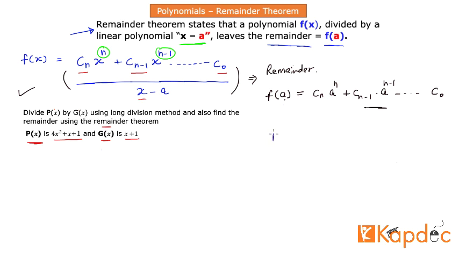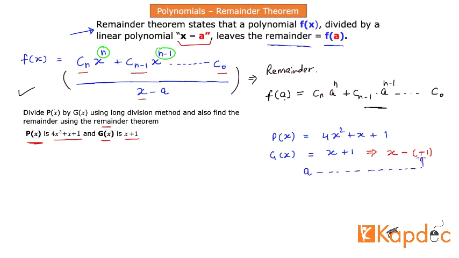Okay, in this case, what is my dividend, the polynomial? It is p of x, and that is 4x squared plus x plus 1, right? And what is your divisor? The divisor is g of x, and that is equal to x plus 1. The very first thing we need to do is to convert this x plus 1, which is the divisor, into the form of x minus a. Okay, and the way you can convert that is you can simply rewrite the whole thing as x minus, and then you put a negative 1 inside the parenthesis. Okay, in that case you can simply say that your a is equal to negative 1, correct?